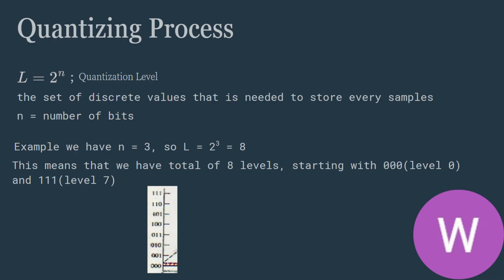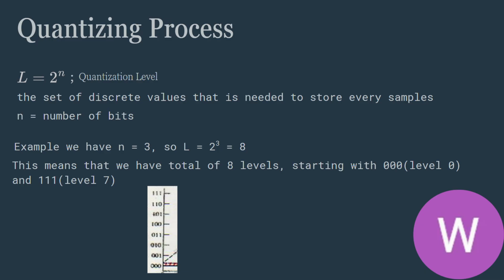So now let's say we have n equals 3. We have 3 bits. So the quantization level will be L equals 2 to the power 3, which is 8. This means that we will have a total of 8 levels. As I said just now, n equals 3, so we have 3 bits.